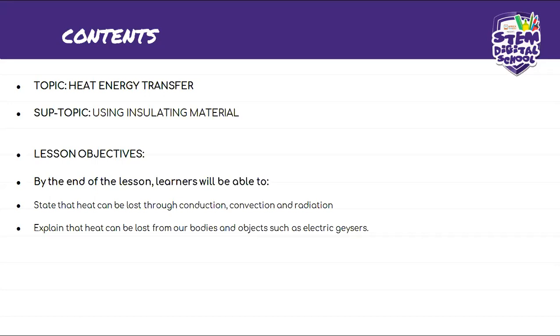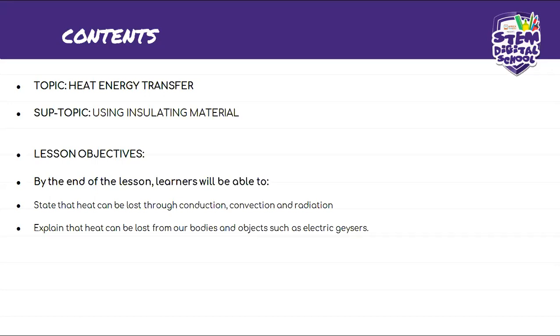So, for example, if you have got a pot of water that is boiling, and then you have a metallic spoon, and you dip it inside, what will happen is that at the end of the day, the spoon is going to also become hot because there is transfer of heat from the water onto the spoon.